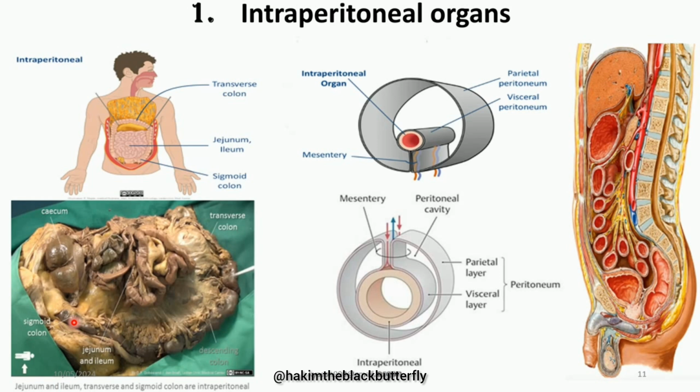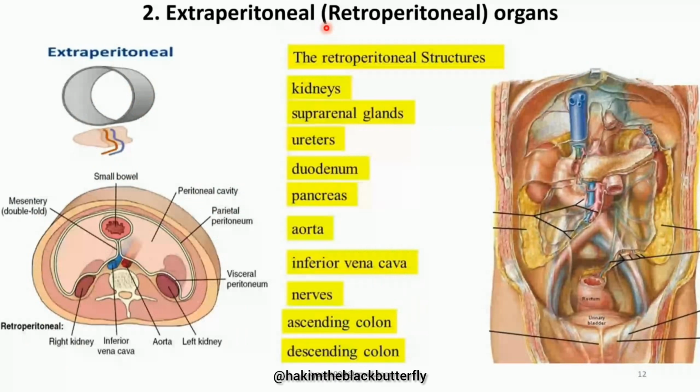The transverse colon, the cecum, all these are intraperitoneal structures. These structures are free. For example, when you open up a human body, as you see here, they are going to be free.